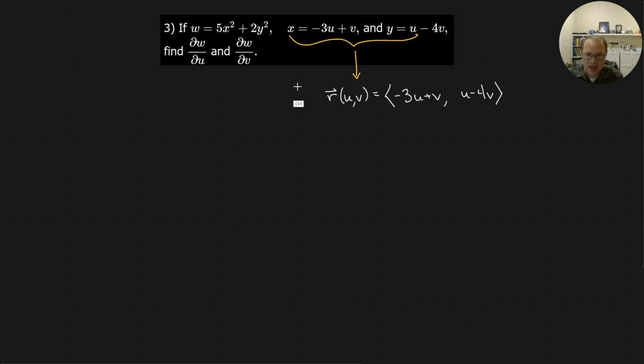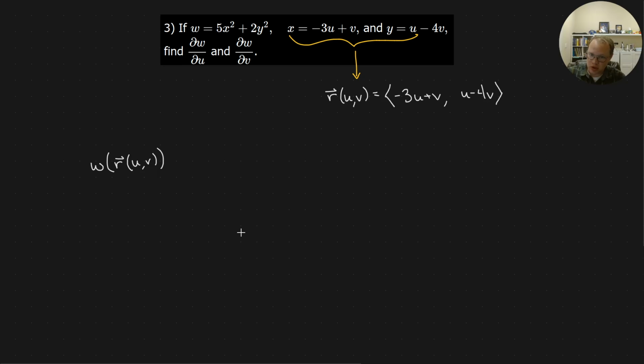And I'm plugging that in to function w here. So I have w of r of u and v. Okay? So we want to find the partial derivative of w with respect to u, the partial derivative of w with respect to v. So let's do that using the chain rule. This is another situation where we could do it with substitution. And substitution actually would probably be the easier method.